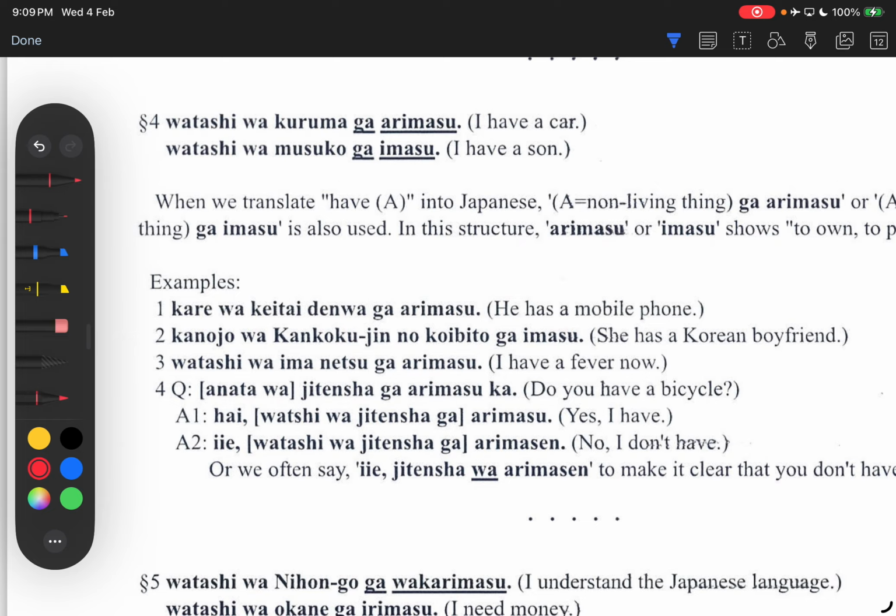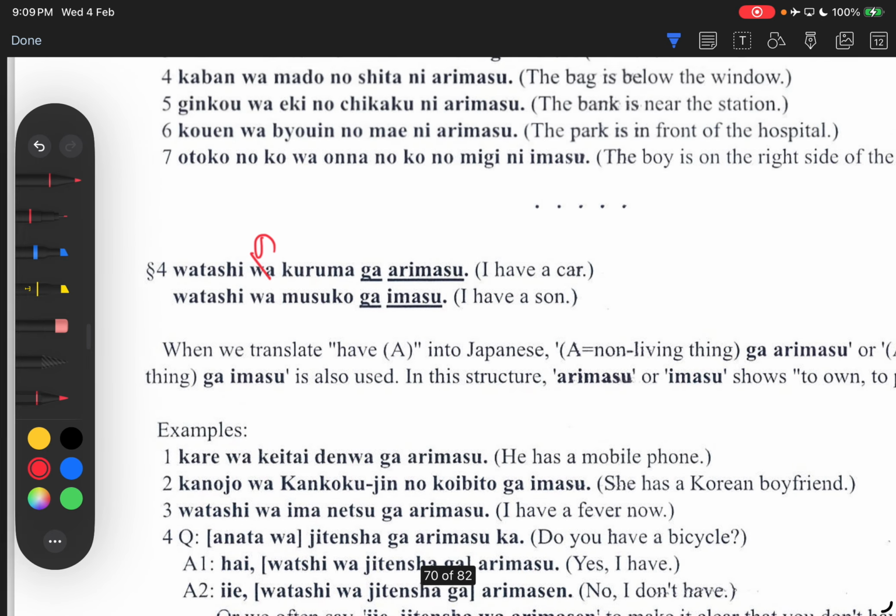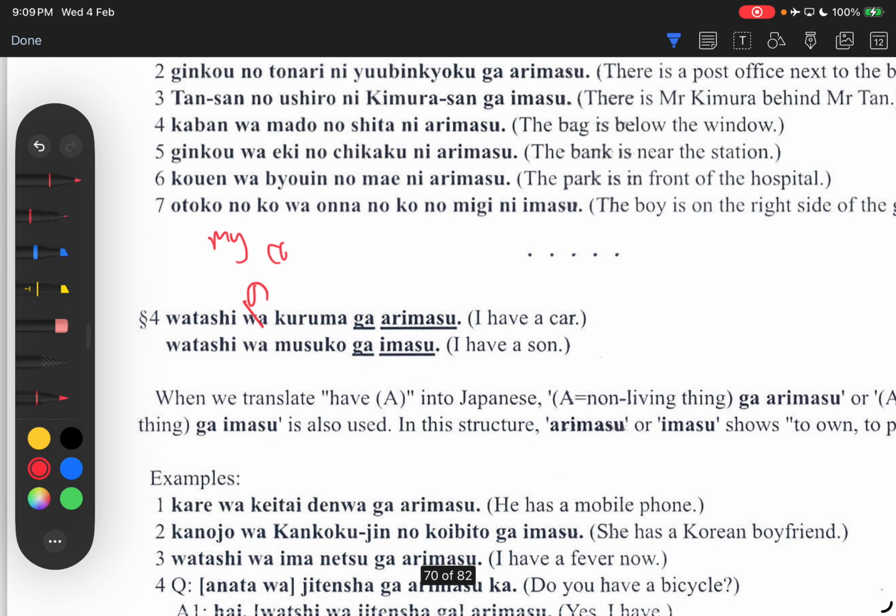Sorry? 私の車があります. My car have what? Okay, if you change this to no, right, it becomes my car have. Your car have what?